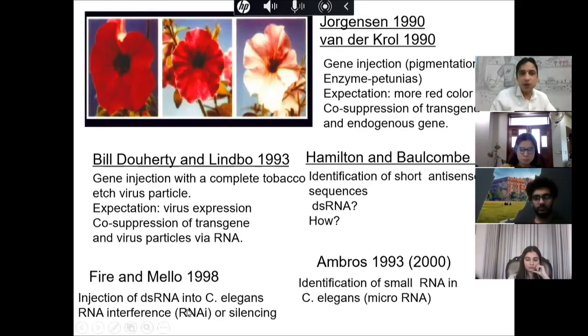And then these people actually triggered the activity by giving small RNA. Later they came to know that small strands of double-stranded RNA, when given to the cells, can silence the function of one particular gene.